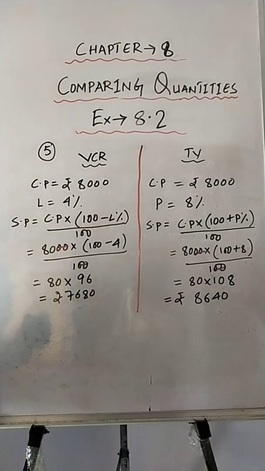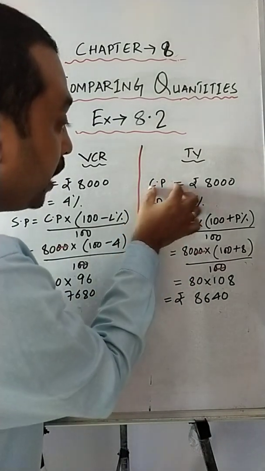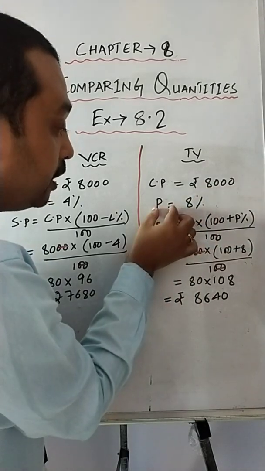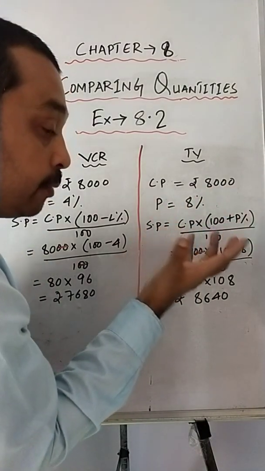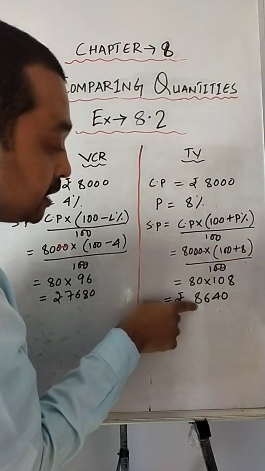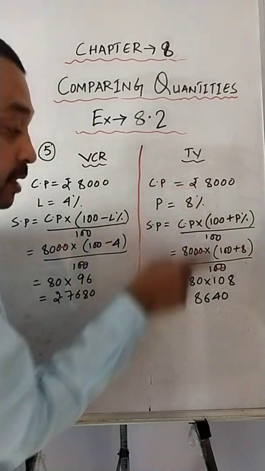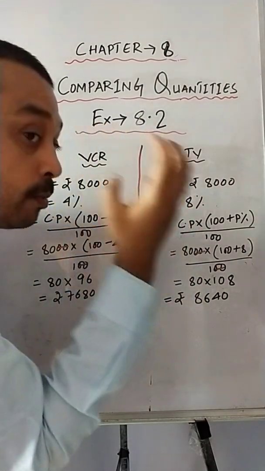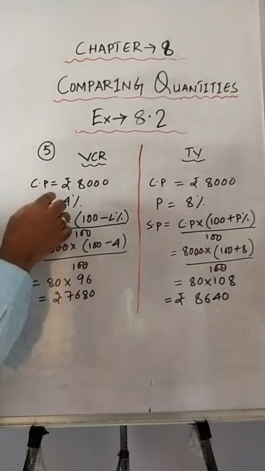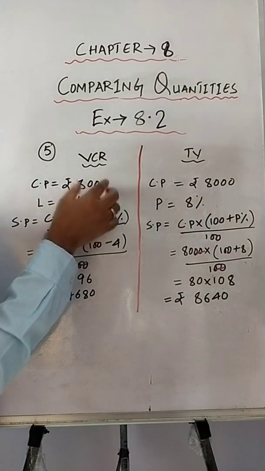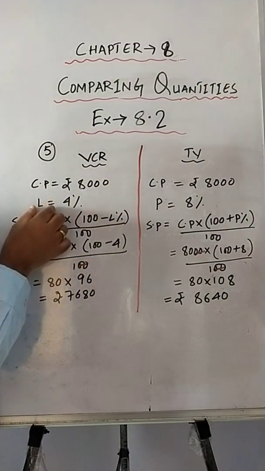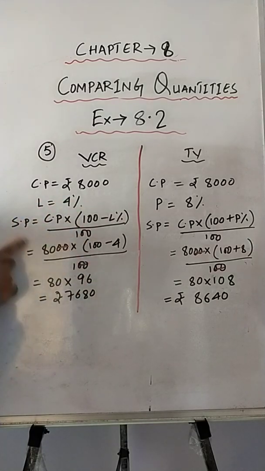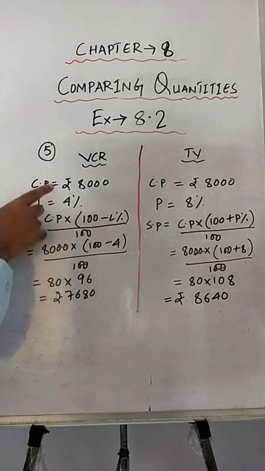Now see the observation, students. Whenever you're making a profit, you see that selling price is always greater than the cost price. This is common sense that you have to use. And when a cost price is given, and a loss percent is given, the selling price will always be less than the cost price.